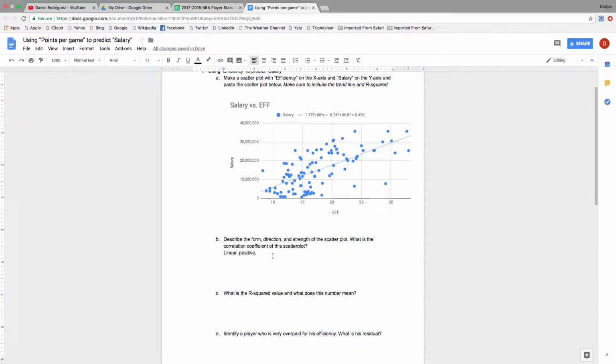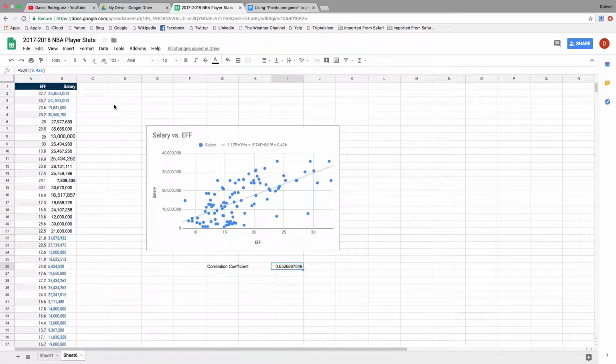So I'm going to say this is moderately strong with correlation coefficient of 0.65. We also can find the correlation with a function. So I'm going to go up here, say equals correl. Why is it not coming up?